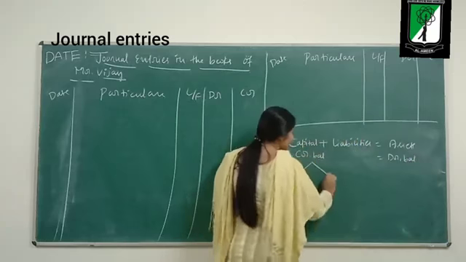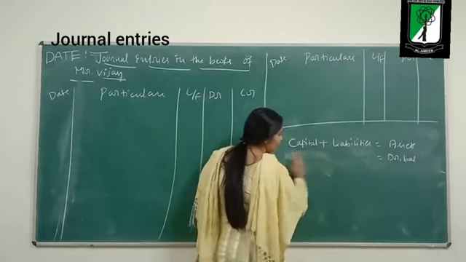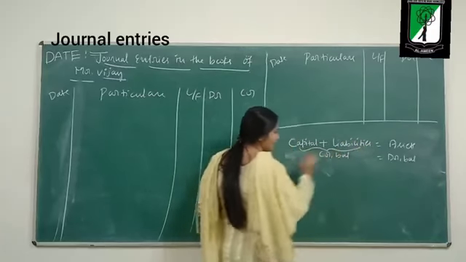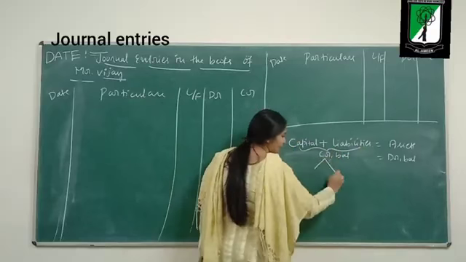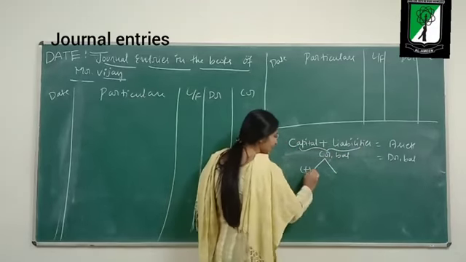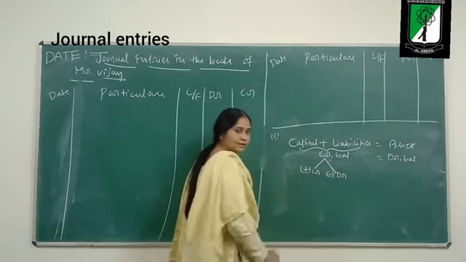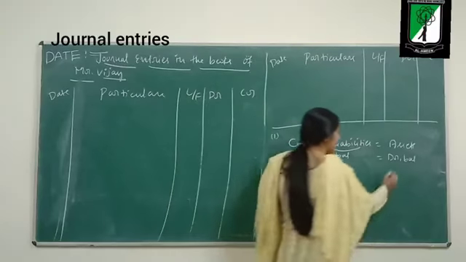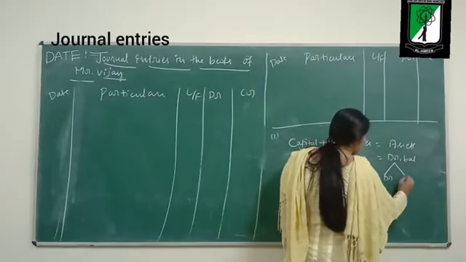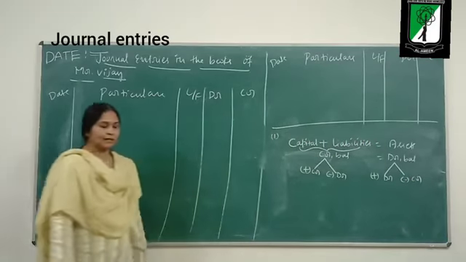That means increase in capital and liabilities should be credited. Decrease should be debited. This is the rule, right? And increase in asset should be debited and decrease should be credited. This is the rule, right?